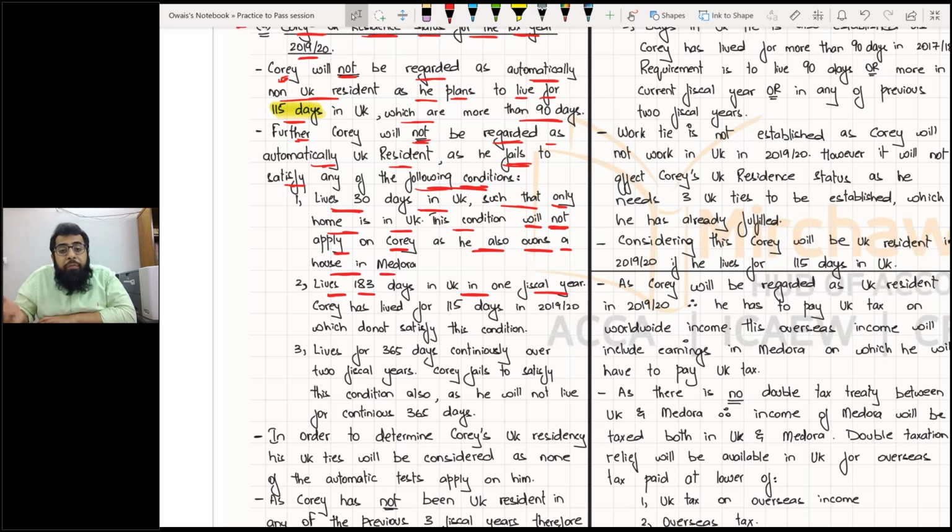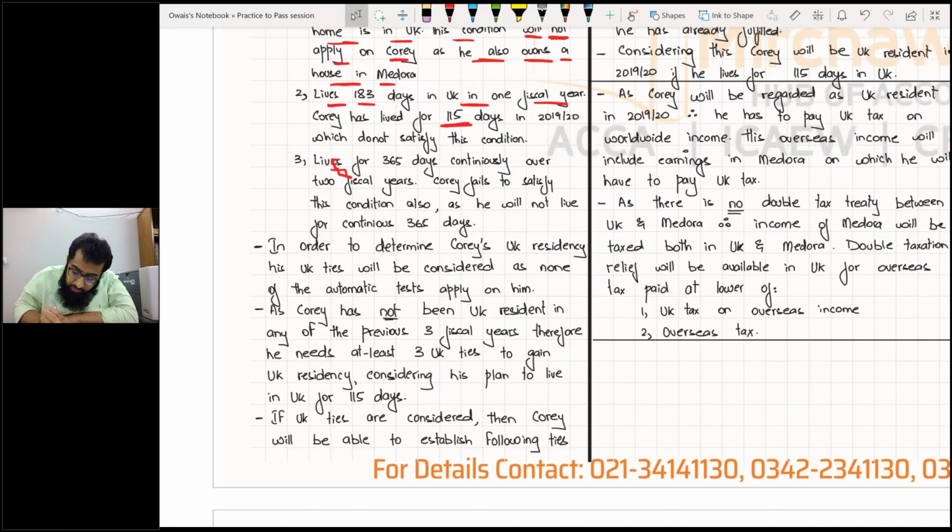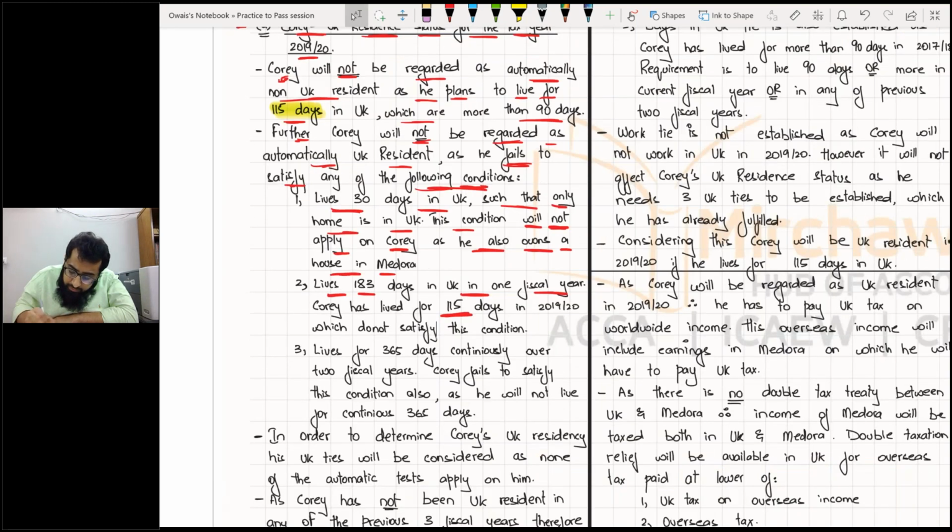Now, as Corey will live for 115 days, this rule will also not apply on him. Lives for 365 days continuously over 2 fiscal years. Corey failed to satisfy this condition as he will not live for continuous 365 days. So none of these 3 conditions apply on Corey.